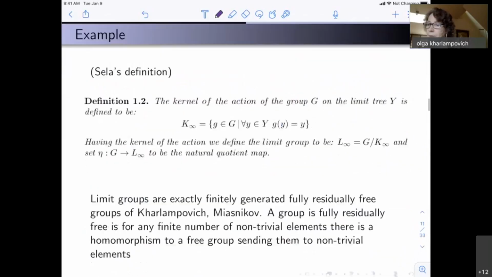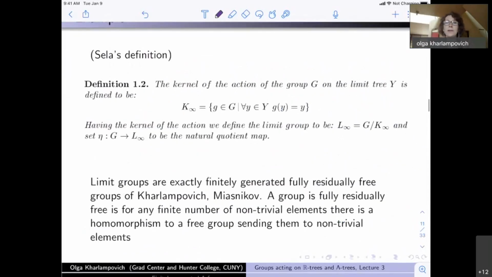And actually Sela's definition: if you take the kernel of this action, so it's the set of all elements which send everything into itself, we can consider the quotient of the group G over this kernel. And so this is what's called a limit group.